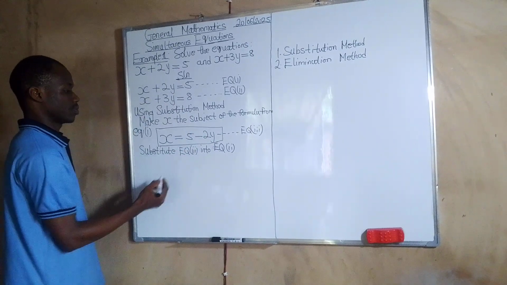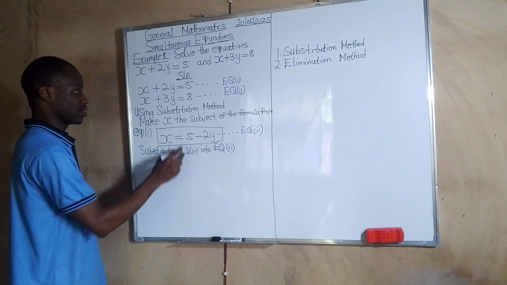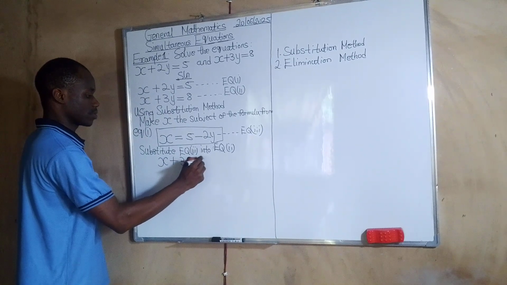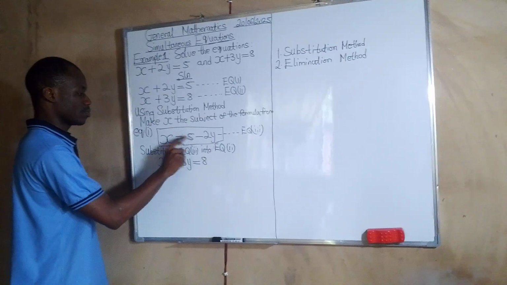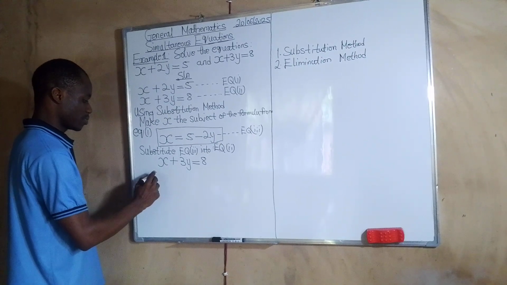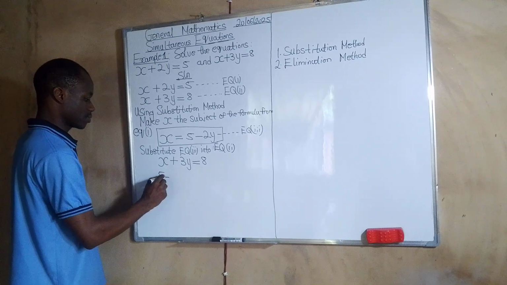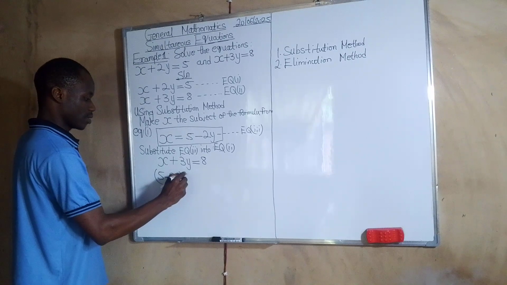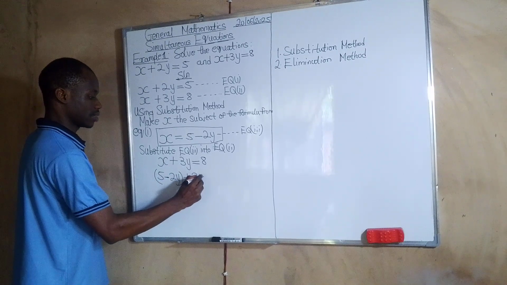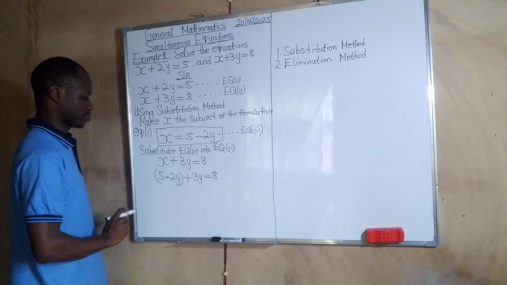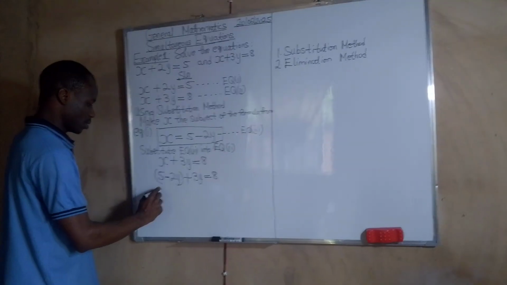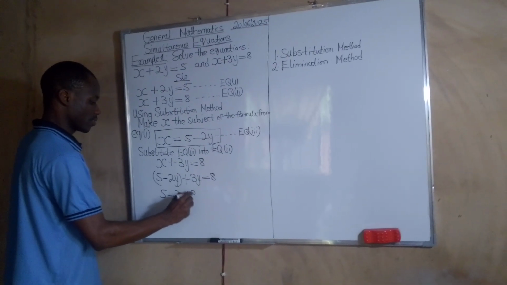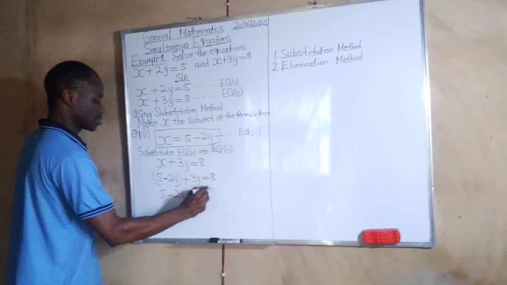In equation 2 we have x plus 3y equals 8. So wherever we see x, we put 5 minus 2y. You can put that in a bracket if you like: (5 minus 2y) plus 3y equals 8. You can open the bracket now. It becomes 5 minus 2y plus 3y equals 8.